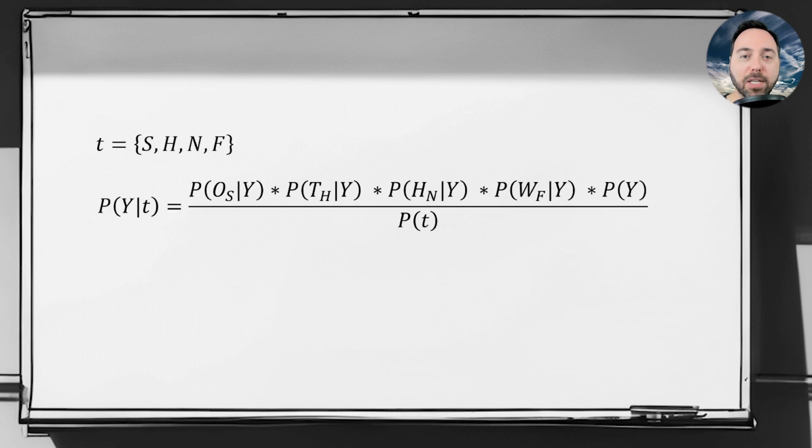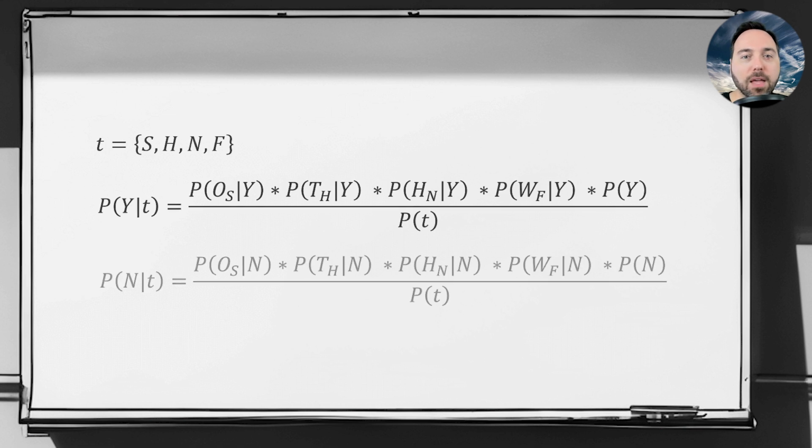We take the probability of the outlook being sunny, given that we are going golfing, multiply by the probability that the temperature will be hot, given that we are going golfing, multiplied by the probability that humidity will be normal, given that we are going golfing, multiplied by the probability that it will not be particularly windy, given that we are going golfing. And finally, we multiply by the probability that we go golfing in general. And then we divide by the probability that we will see these particular weather conditions in our area.